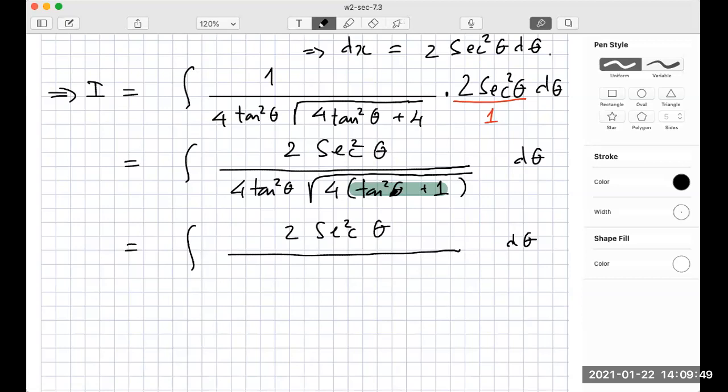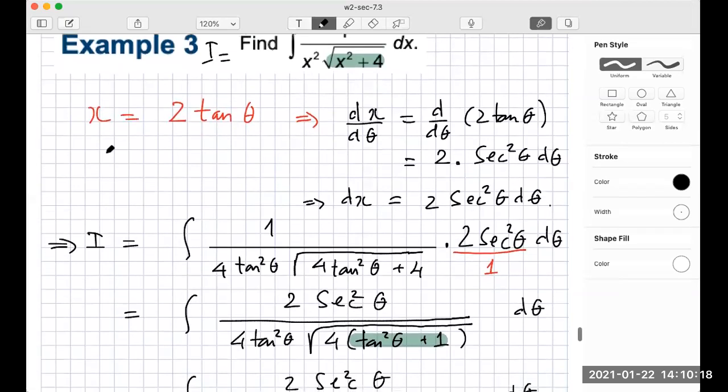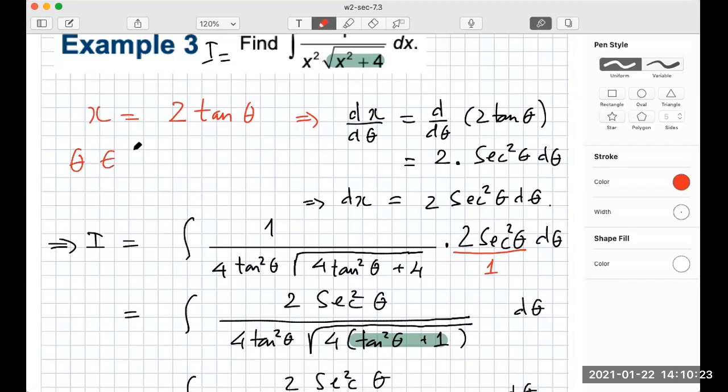And now we do it fast. We take it out of the radical sign, right? Okay. Remember, look at here. It is a note that theta should be such that cosine should not be 0.